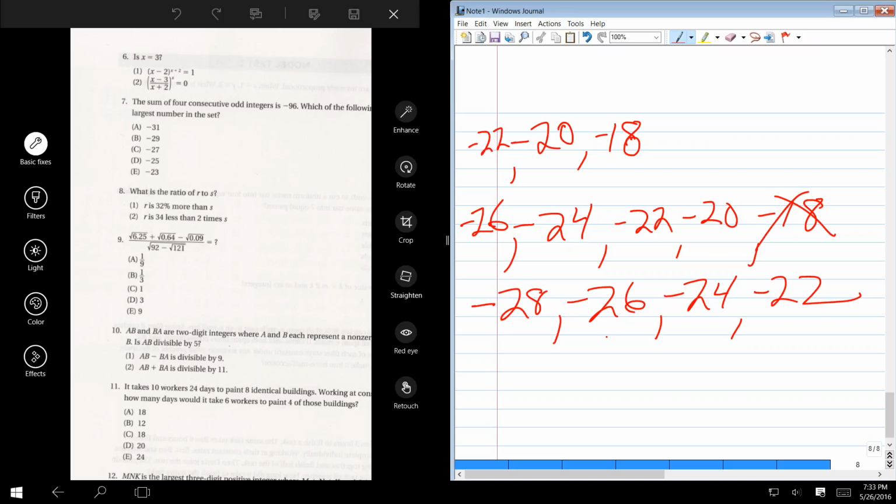Is this the right answer? Let's see. This is minus 54 and minus 46. Doesn't do it. 4 consecutive odd integers is minus 96. Let's take off that.